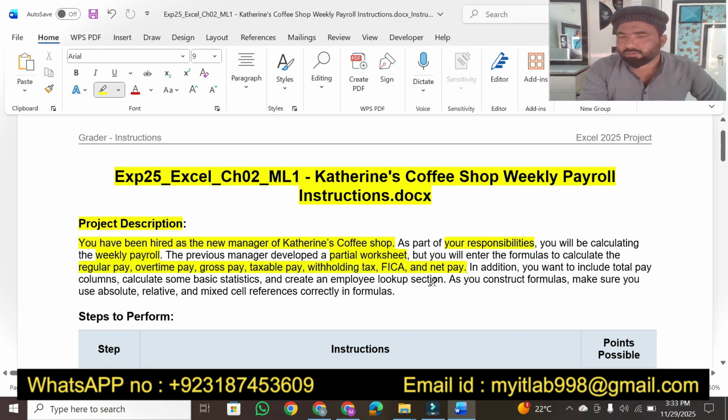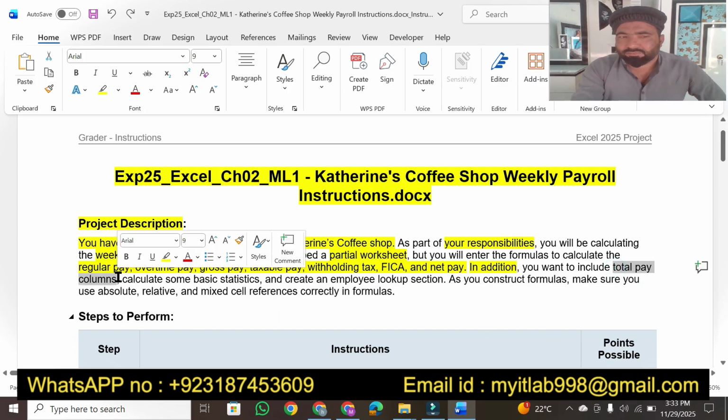So we have to work on this one. In addition, you want to include total pay columns, then calculate some basic statistics.